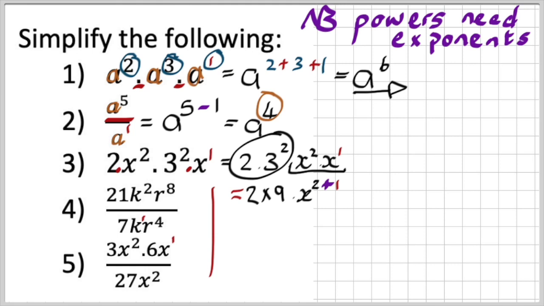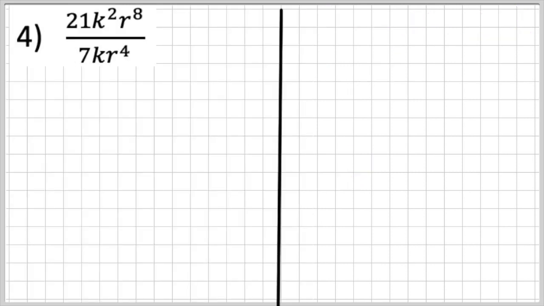And if I look at the x's, I can apply law 1 because there is a multiplication and the bases are the same. So therefore, I'm sitting with 2 times 9, which is 18, x to the power of 3. Simple and straightforward.